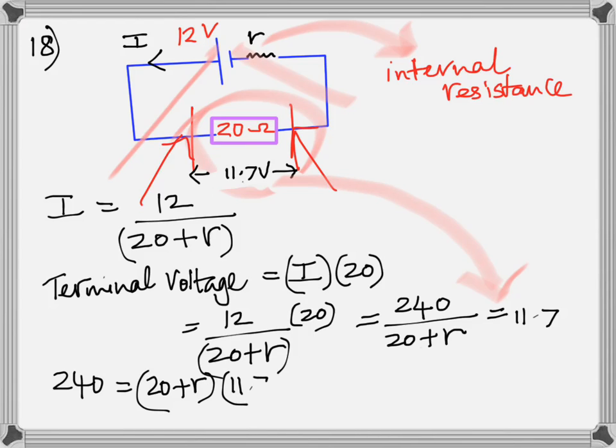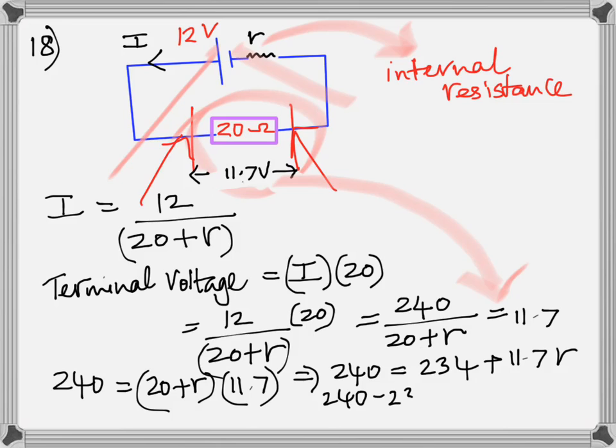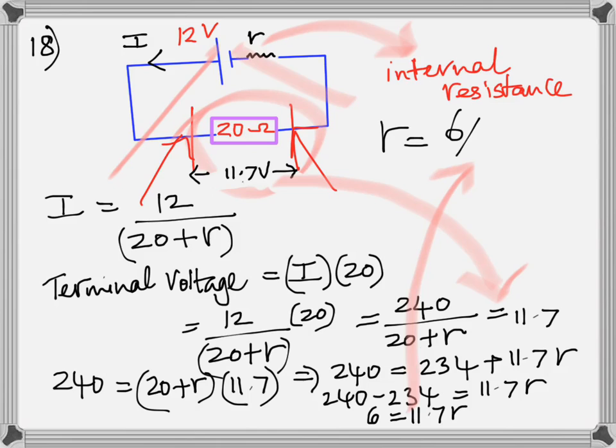The rest of it is just math. And R is 6 divided by 11.7, almost 0.5. Oh, 0.51 to be exact.